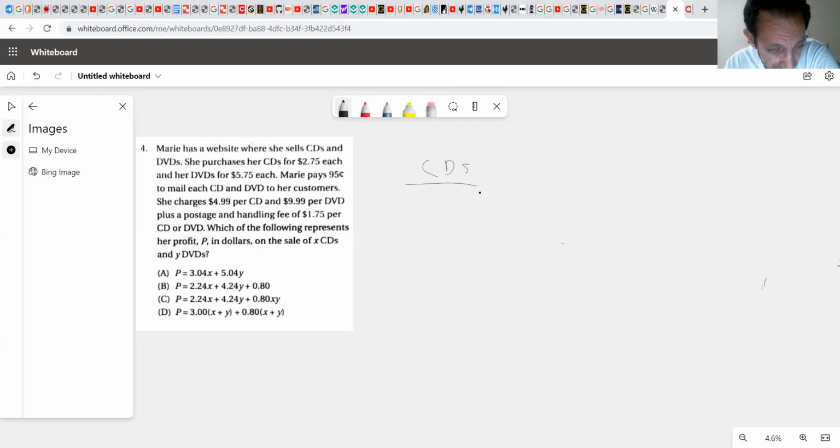I'm going to note that there's loss and there's gain. If she's purchasing a CD, that's a loss to her, because she has to lay out her own money to buy that CD. So that's a minus $2.75.